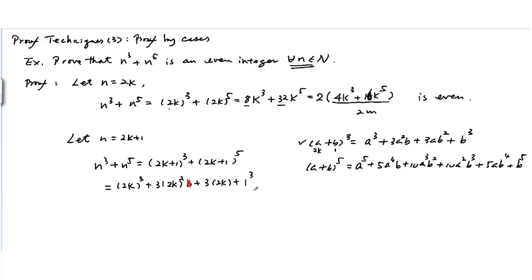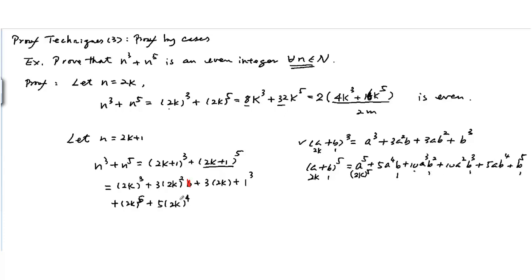That is applying this formula. Then (2k plus 1) to the fifth power will be (2k) to the fifth power, plus 5 times (2k) to the fourth power, since b is 1 so everything with b is 1 and you just focus on a.